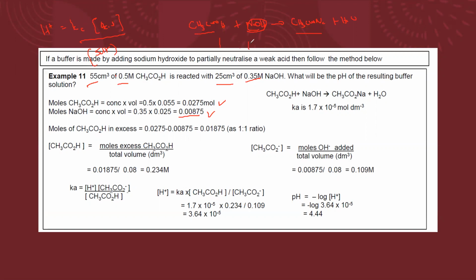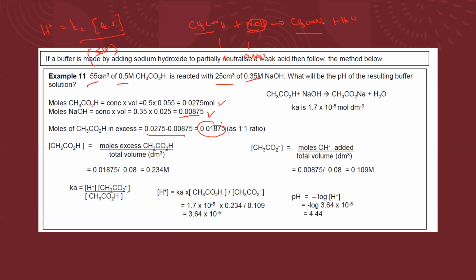Because the ratio is 1:1, if 0.00875 moles of sodium hydroxide react, that many moles of acid will react, and how many are left? So you will subtract. These are the moles which are left for ethanoic acid, so you can find the new concentration. You have the moles, divided by volume.